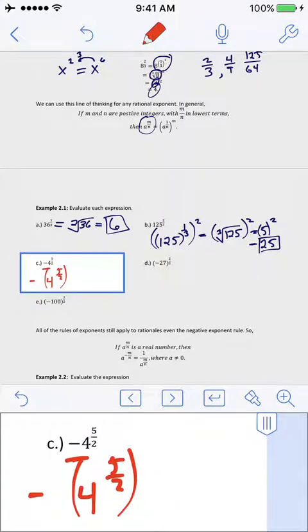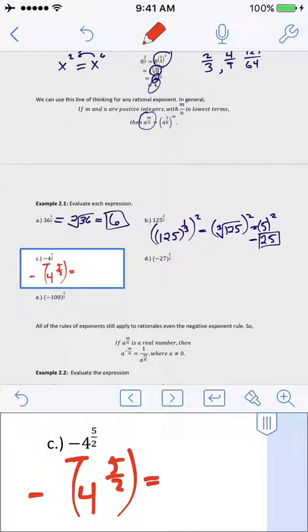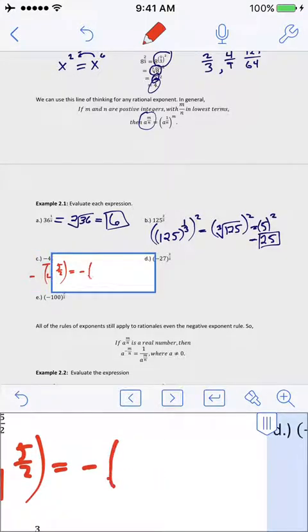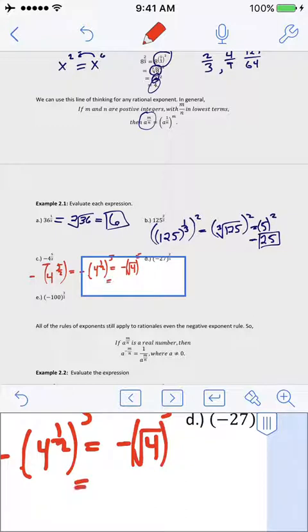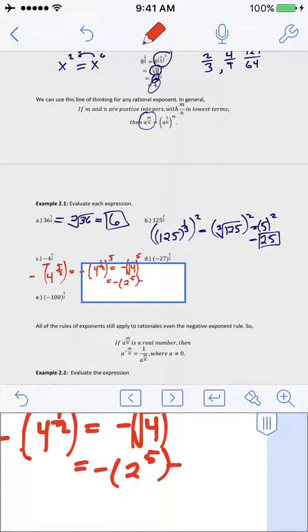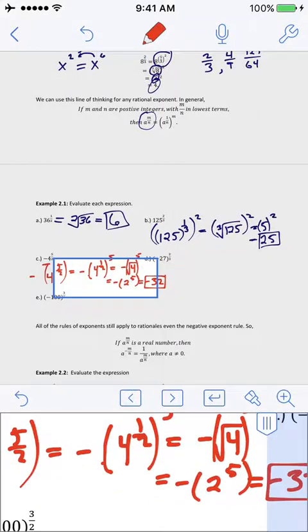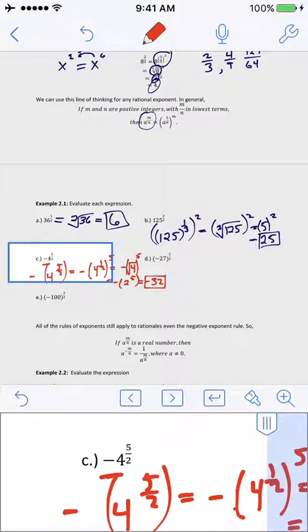So that would be 4 to the 1/2 to the 5th, or negative the square root of 4 to the 5th, which is negative 2 to the 5th, which would be negative 32. So negative 32 ends up being what -4 to the 5/2 would be.